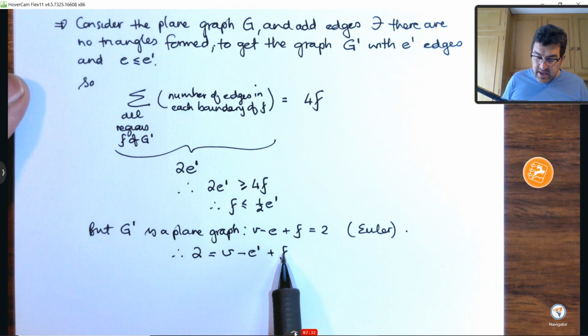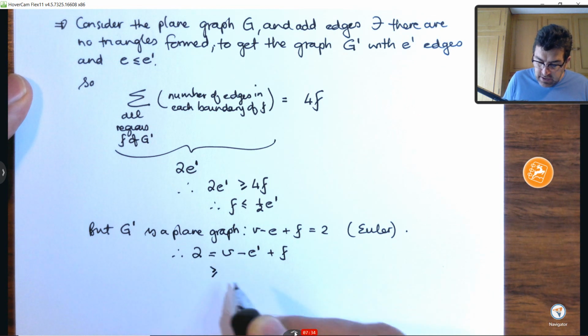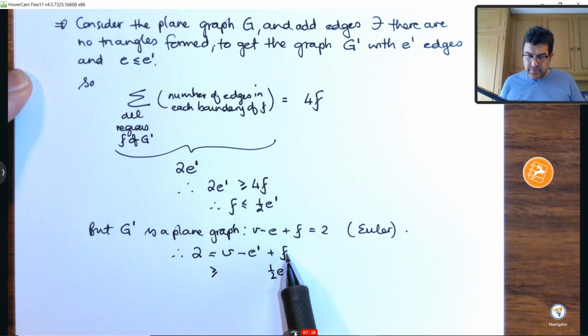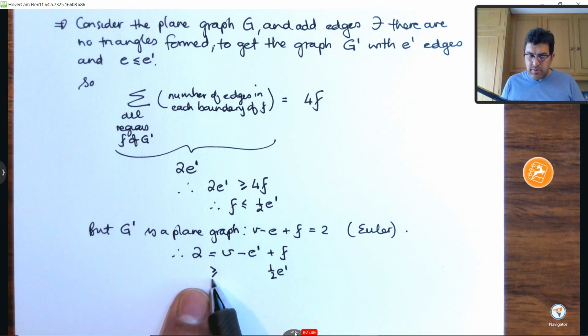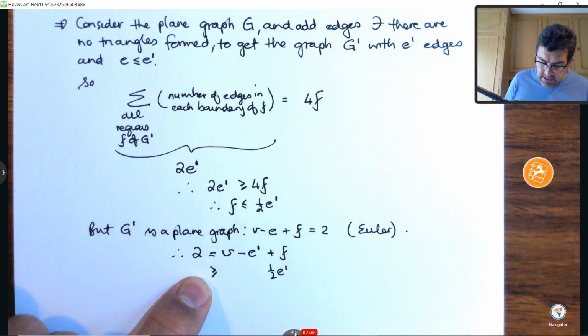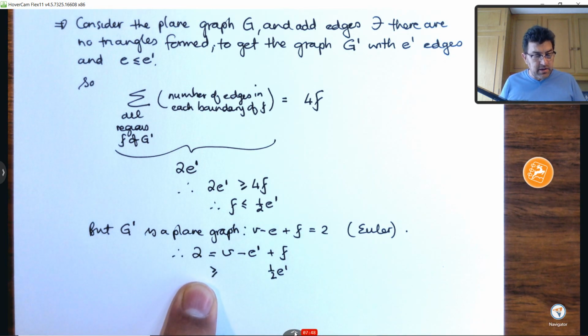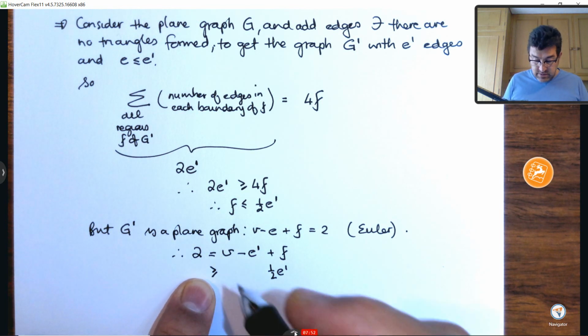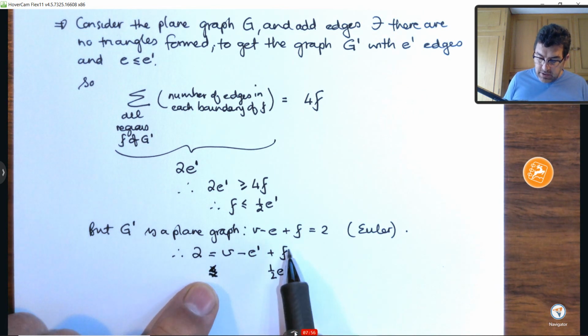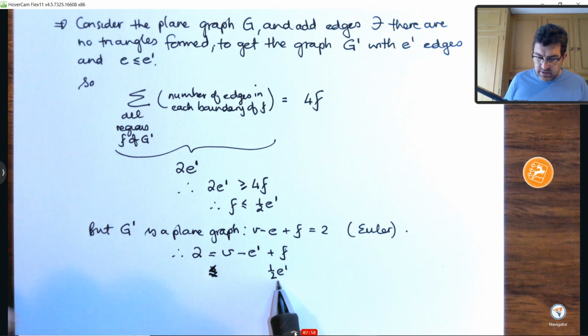Well, F is bigger than or equal to a half E prime. So hence I bring in F, and this has got to face the other way around, because F is smaller than or equal to that.